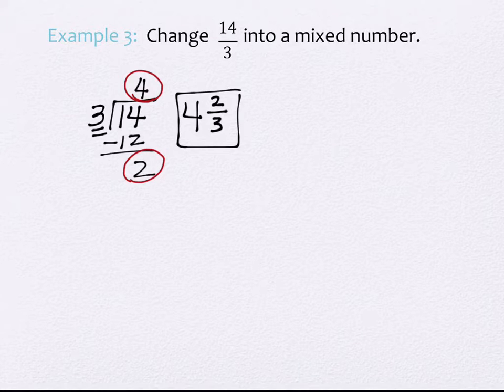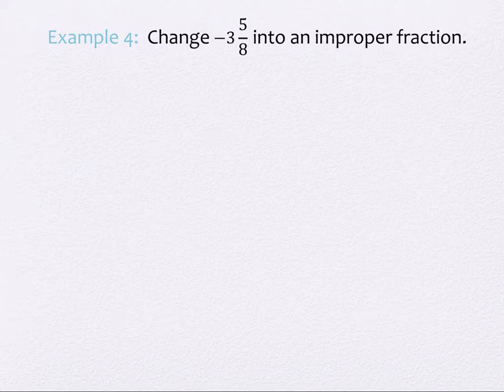Now, if you're going from mixed numbers back into improper fractions, first of all, if there's a negative, you just know the answer is going to be negative. I don't have to work with the negative along the way. So we're going to focus our attention on the fact that it's 3 5/8. I'd like to show you the shortcut that you probably remember, but I'd also like to show you where it comes from because it's not super hard to see, but you might never have thought about it before.